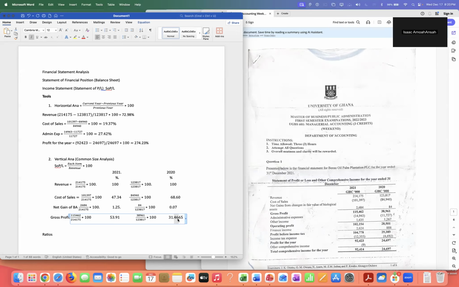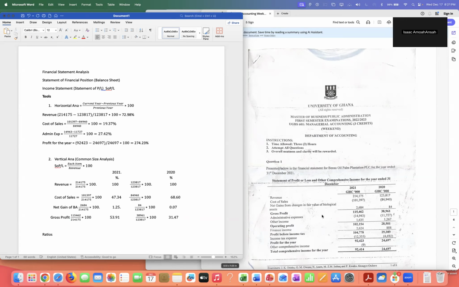If it's 4 and below, you will round it down. So if this figure was 4, then it would have been 31.46%. But because it's more than 4, we would round it up. So we would move 1 from here to add to this. That's why your colleagues mentioned 47. Very well.